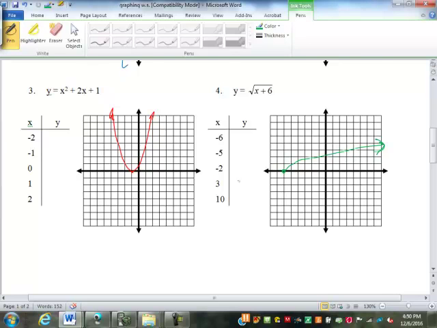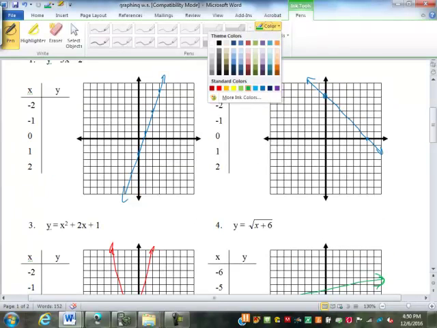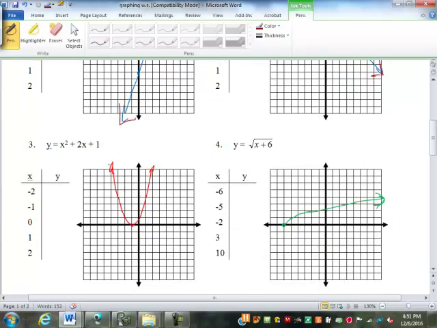Now I'm going to point something out on the fourth one. Notice all of these so far, I have put arrows on both ends of them. Even this one. This one I did not. I put a dot here and an arrow here. Why would I just put a dot there? Well, if x got any smaller than -6, let's say x were -7.